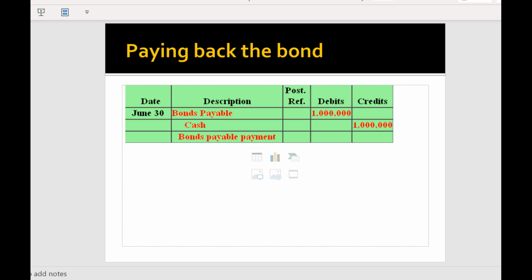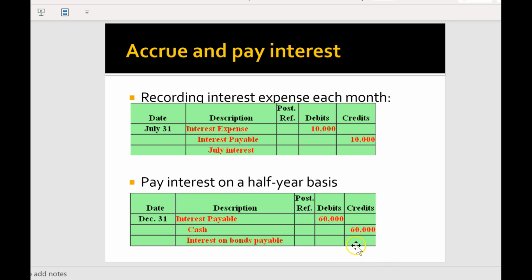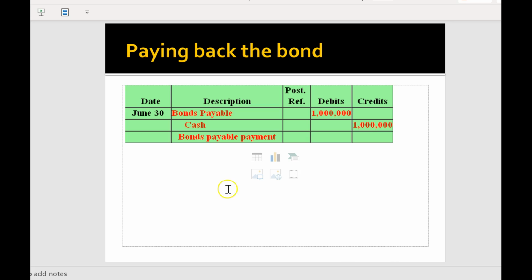At the end of the 10 years, we are going to pay back the principal as well. So we debit bonds payable and credit cash for the principal. You can see we have made 20 payments of $60,000 plus one last payment of the $1 million we borrowed. This is what we call issuing the bond at the par value, which means whatever we borrowed, we issue the bond at the same price.